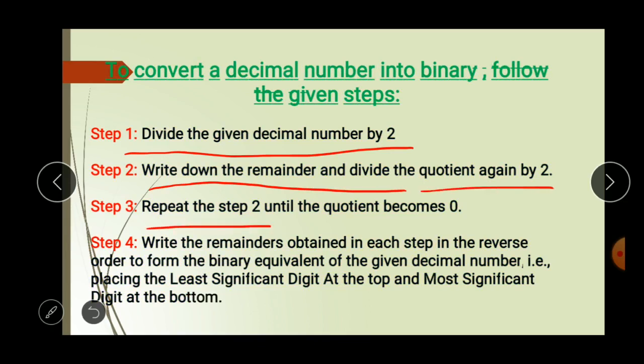Repeat the step until the quotient becomes 0. Write the remainders obtained in each step in the reverse order to form the binary equivalent of the given decimal number, that is, placing the least significant digit at the top and most significant digit at the bottom.